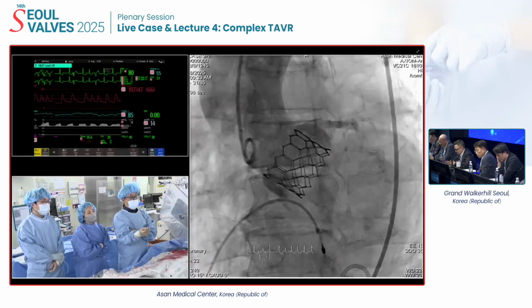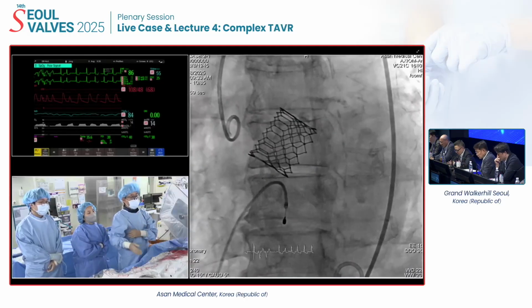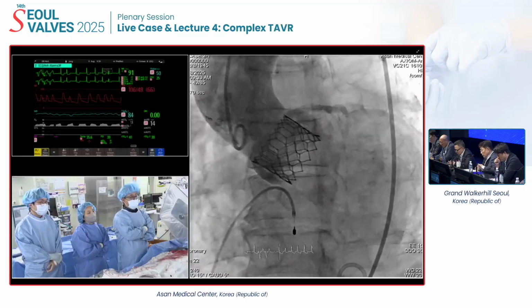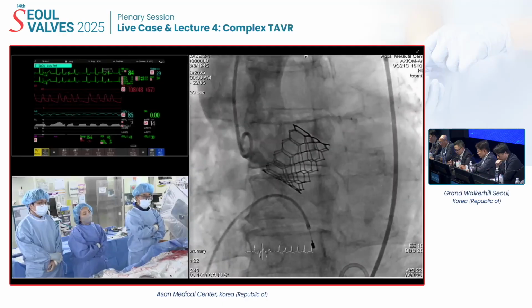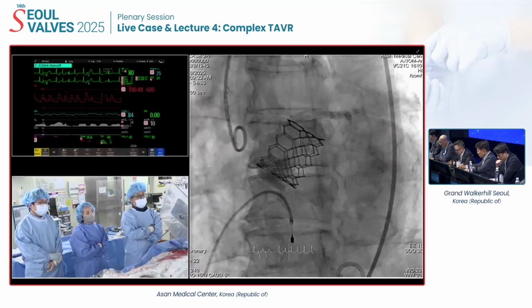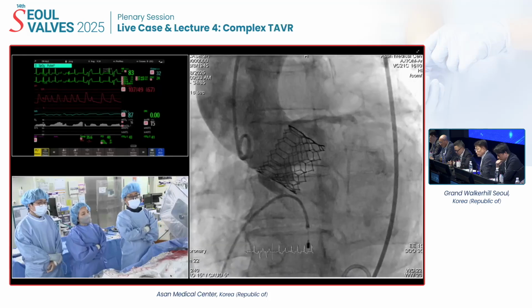Usually okay. But on the basis of your experience, you can select the Evolut system. In our center, for a very severely calcified region, we slightly prefer the balloon-expandable valve rather than the self-expandable valve.